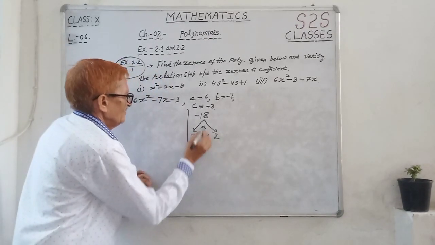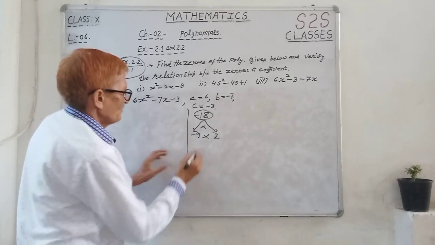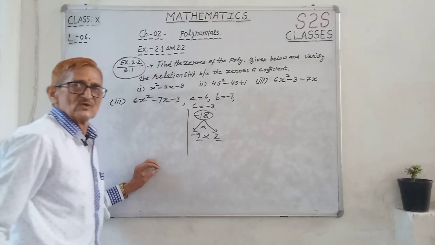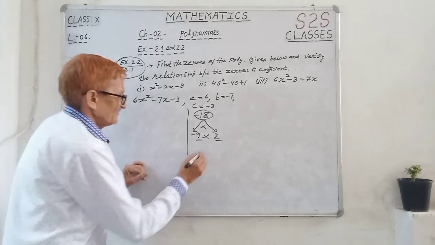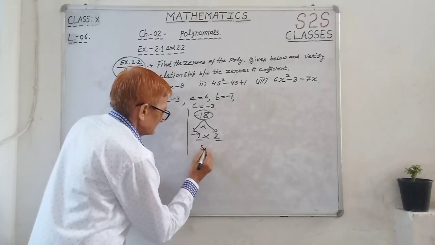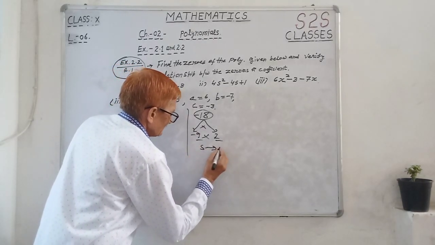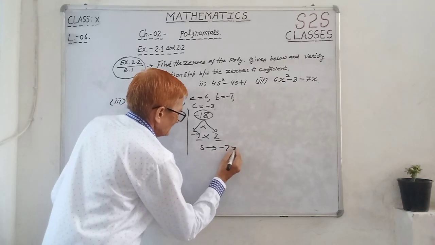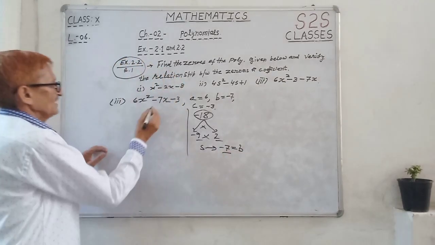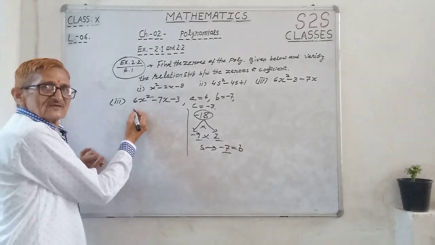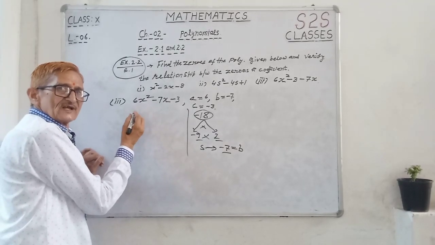Product is minus 18, and the sum of minus 9 and 2 is minus 7. So the sum is minus 7, that is equal to b. Okay, always see this and split the middle term accordingly.